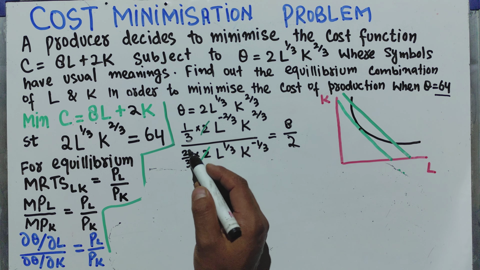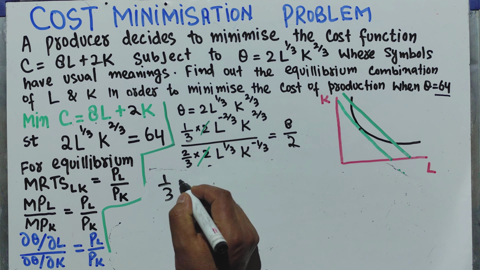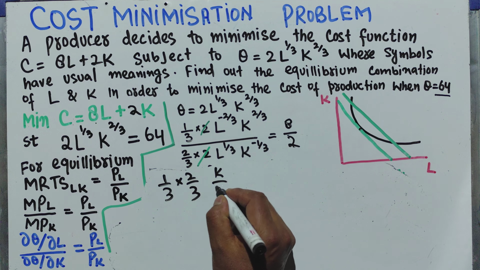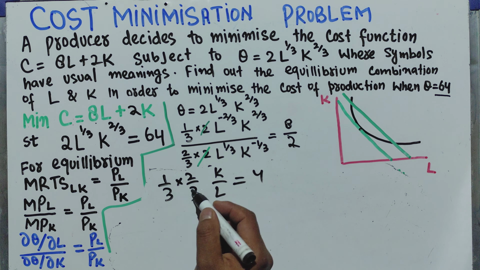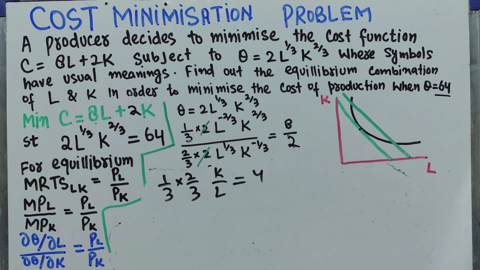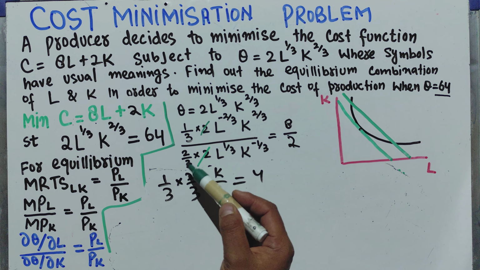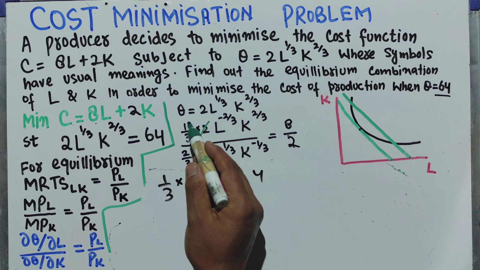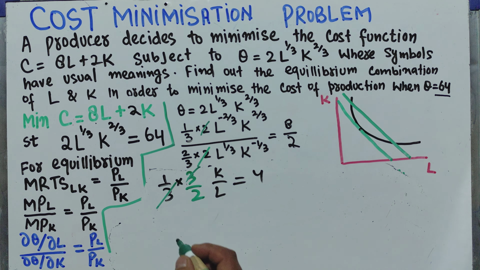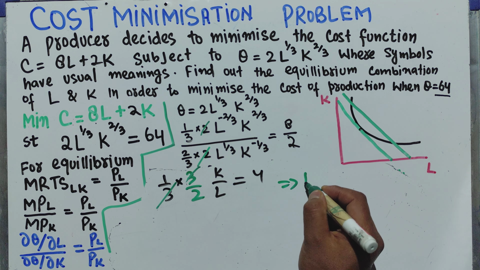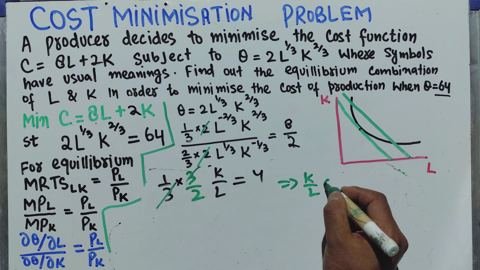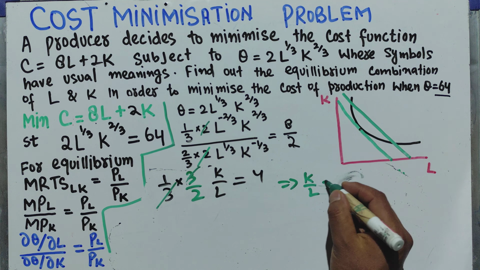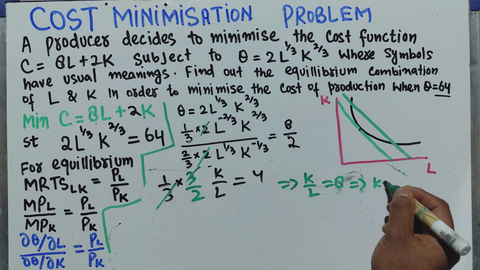So here we get 1 upon 3 times 2 upon 3 k upon L is equal to 4. Okay, so we are done with this. 1 upon 3 upon 3 upon 2, rather 3 upon 2. 1 upon 3 transposing, 3 upon 3, 3 gets cancelled, we are left with, so k upon L is equal to 8, which implies k is equal to 8L.